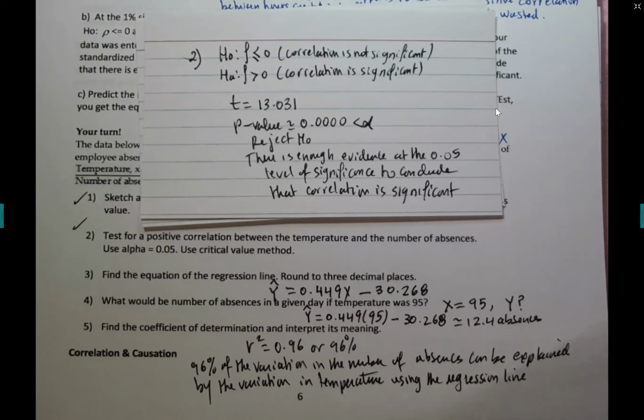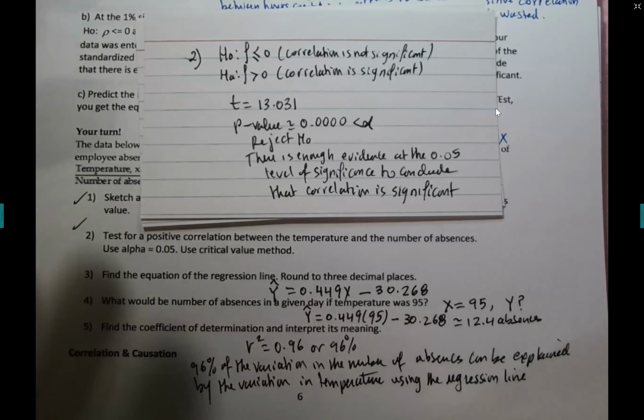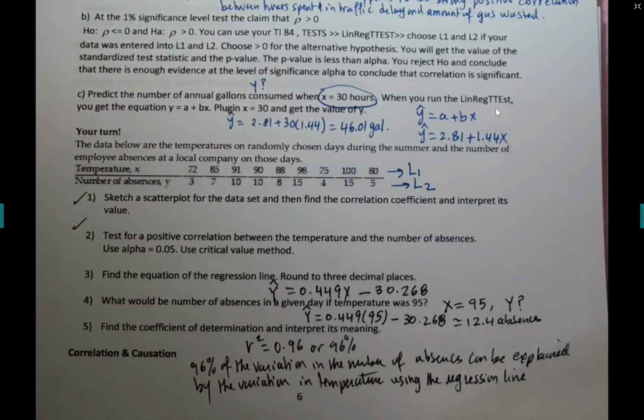Vacation time? Okay, vacation time, what else? They're sick. Didn't wake up on time, didn't set the alarm. So there are some other factors, but they're saying here it's mainly the hot weather that will affect whether the employee will come to work or not.